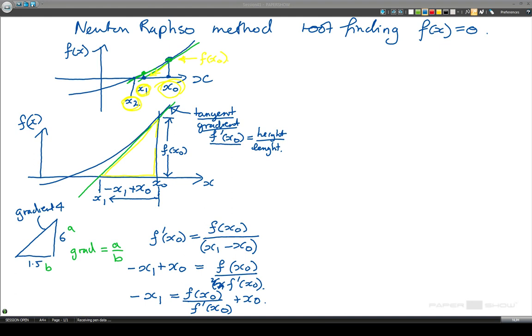And so I'm going to just erase that plus sign and make it a minus sign. So if we continue up here, what we come out with from that is, if we make everything positive or switch the signs of everything, x1 is equal to x0 minus f of x0 divided by f prime of x0.